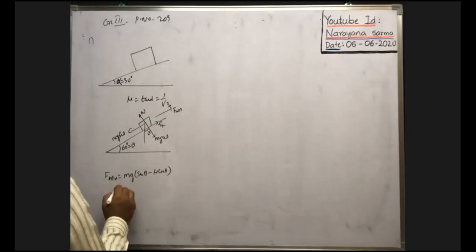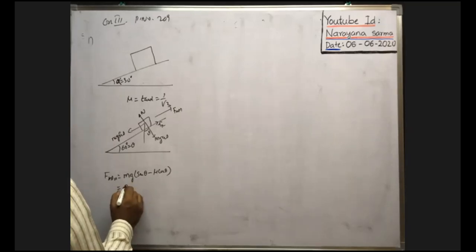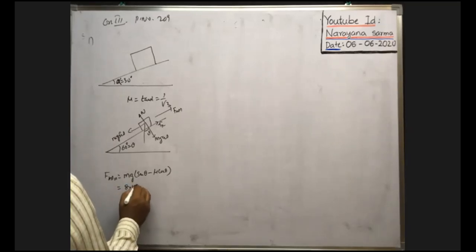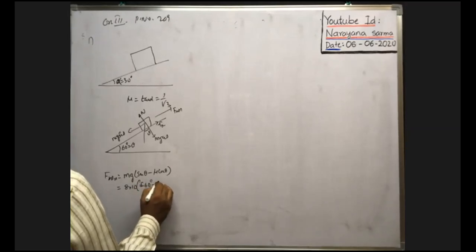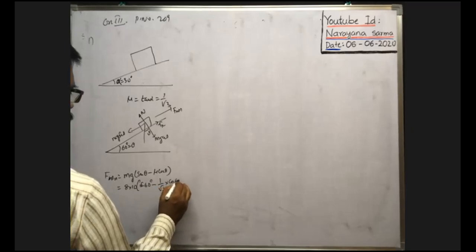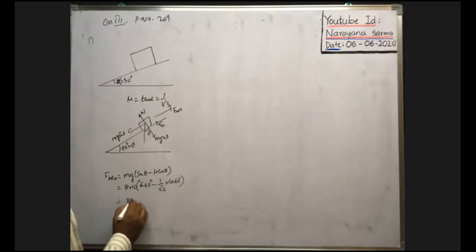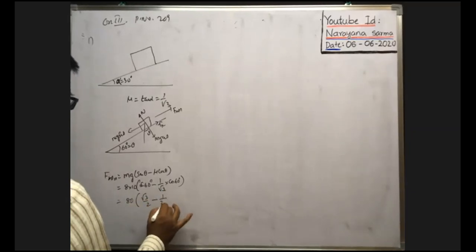So this is equal to 8, the weight of the body, 8 into g, you take 10, into sin 60 minus mu, which we already got as 1 by root 3, into cos 60. So 80 into root 3 by 2 minus, cos 60 is 1 by 2, so 1 by 2 root 3.